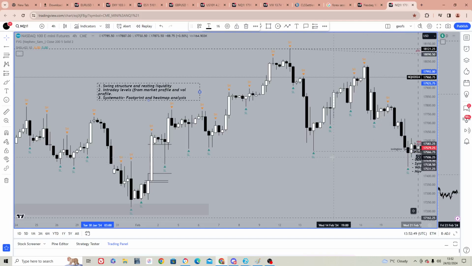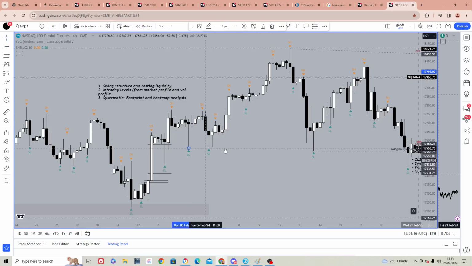So what do we know on swing structure just generally? H4 is making lower lows, lower highs, lower lows, and I also note that we have taken this daily swing low from Tuesday, and also these swing lows from Monday on the 5th. So we'll just note those as well.